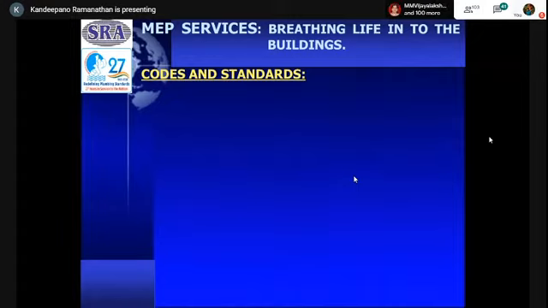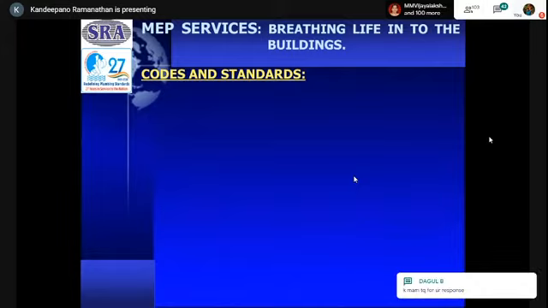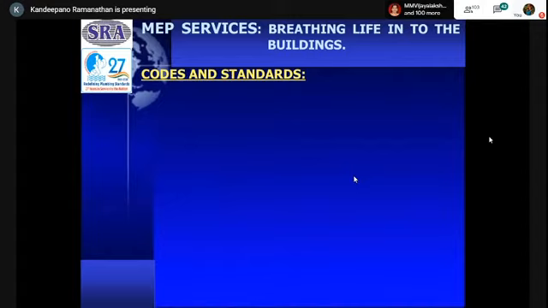Now, having said what services we have to design for, let us say, for example, a water supply system design, which is a part of PHE. You're asked to design the water supply network, which has to start with the UG tank sizing.